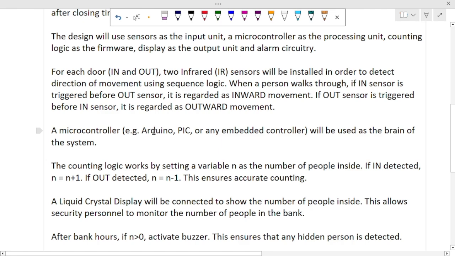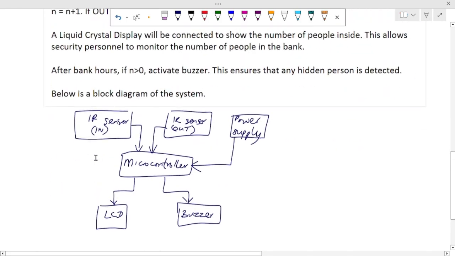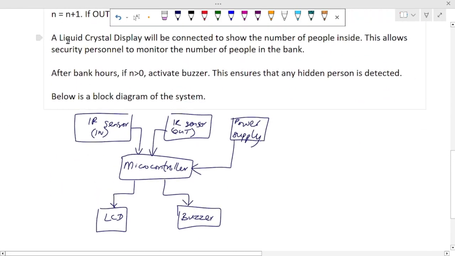So a microcontroller, maybe Arduino or PIC or any embedded controller, will be used as the brain, which is the processing unit of the system. Then of course, to display the number of people, the count, a liquid crystal display will be connected to show the number of people inside. This allows security personnel to monitor the number of people in the bank. After bank hours, if n is still greater than 0, that means the number of people is not equal to 0, is greater than 0, that means there's still somebody inside the bank.